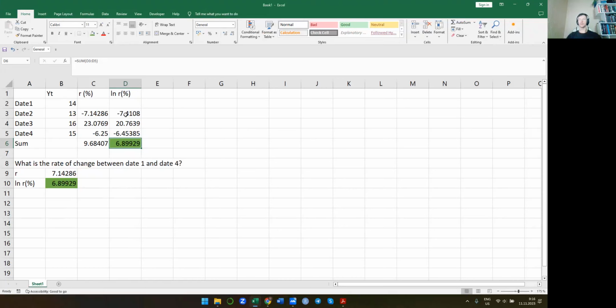If I compute rates of change in logs between date 1 and date 2, date 2 and date 3, date 3 and date 4, and then I sum all of them, the result matches the log return between date 1 and date 4, while these are not the same.